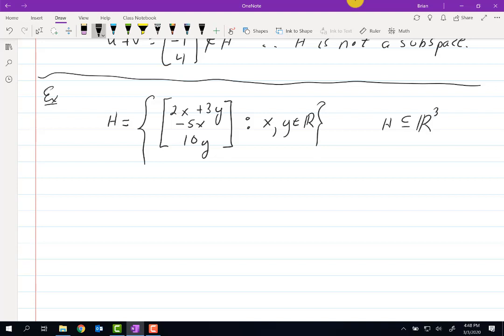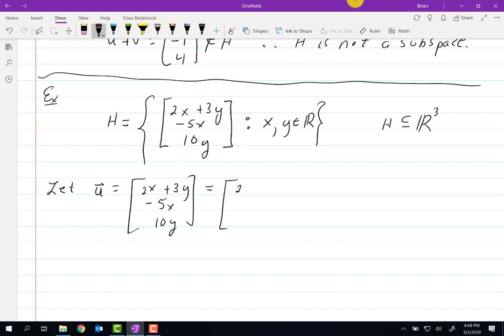Now, pick an element out of H. Let U equal, oh, I don't know, pick some sort of an item from H: (2x + 3y, -5x, 10y). I'm going to rewrite this a second so that you can see it more clearly.